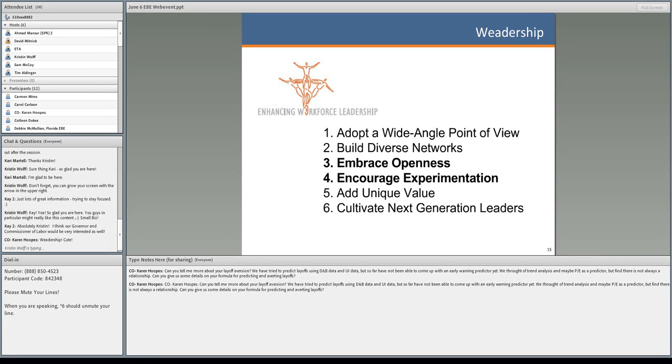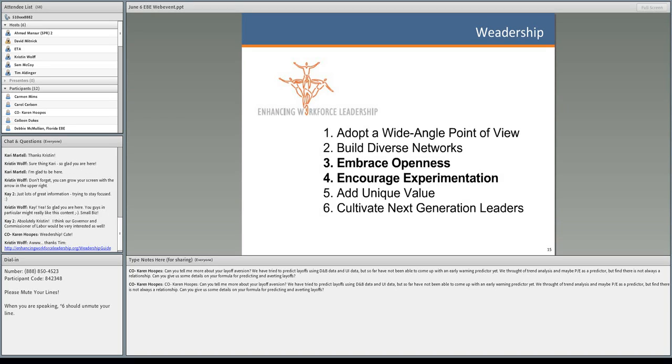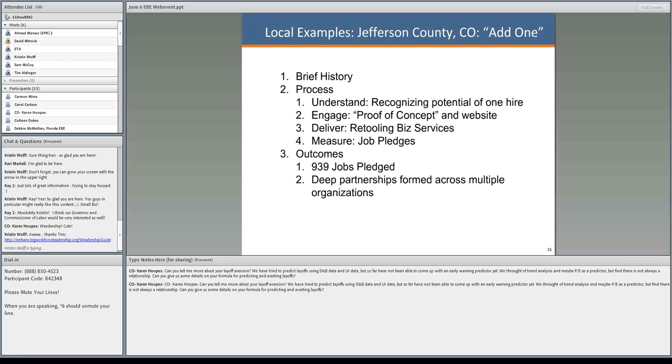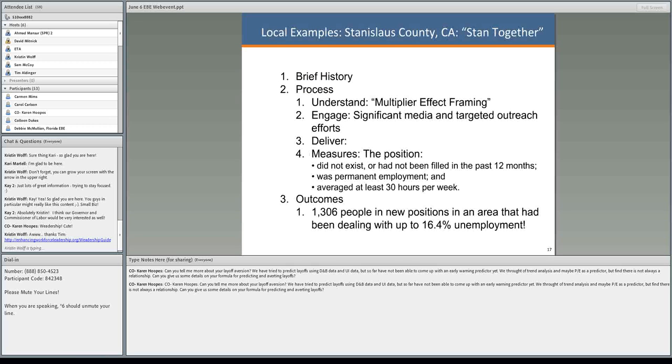So let's go ahead and jump in to some of the local examples. What I'd like to do is first start on Stanislaus County. I'm going to come back to Jefferson County. Stanislaus County is in the Central Valley of California.